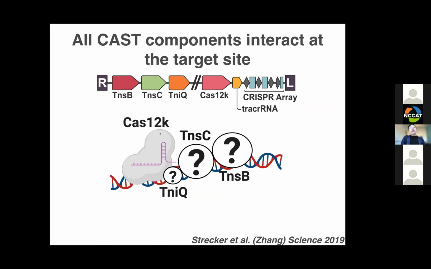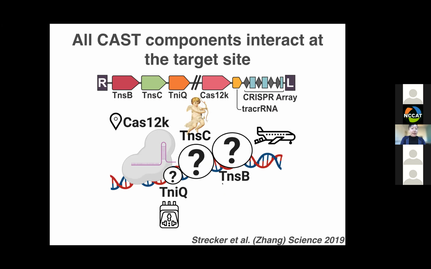The Cas12k marker most likely marks the site of the transposon insertion in a guide RNA dependent fashion. And we think that this adapter serves as a bridge between this effector and the rest of the transposition machinery. And as I said, this matchmaker protein mediates between this target site marker and the cargo carrying transposase.